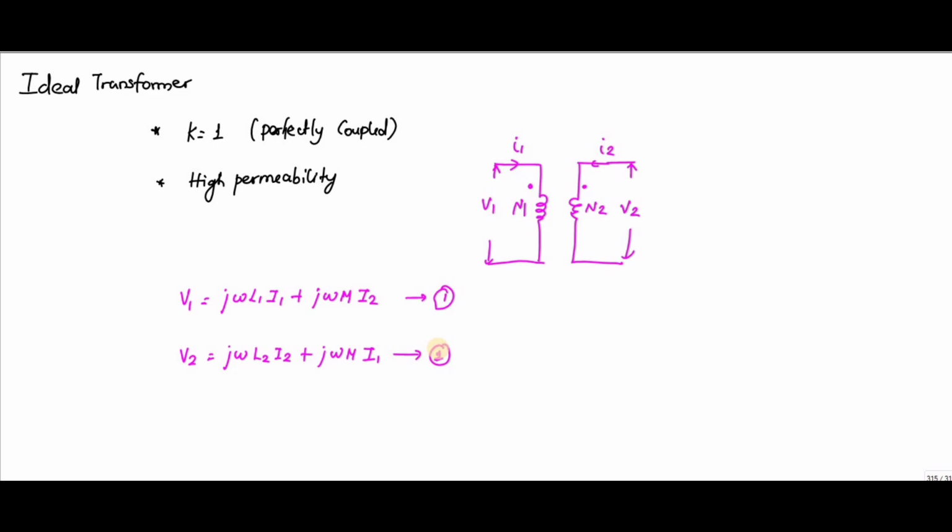From the first equation I can write I1 is equal to minus j omega M I2 plus V1, divided by j omega L1.